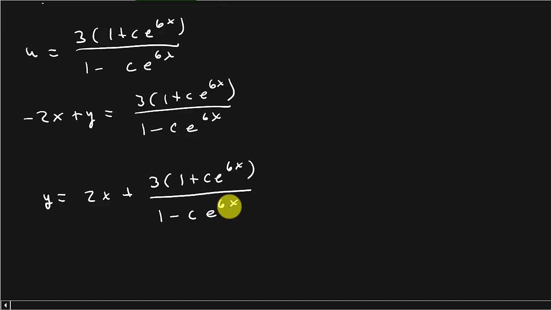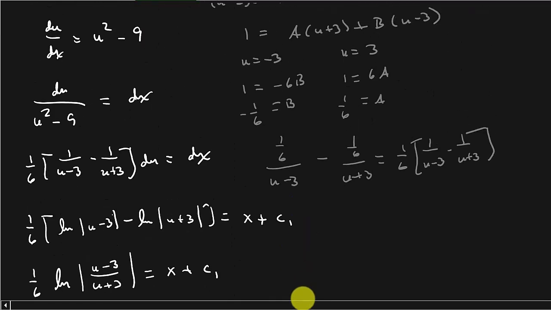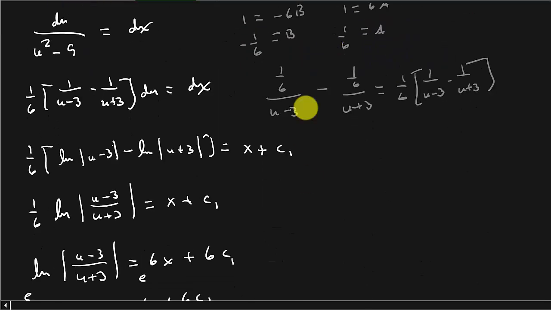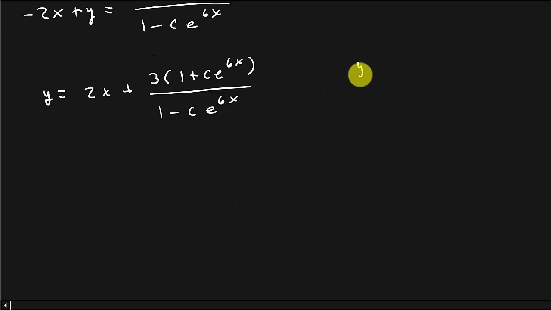But I don't know if you remember this or not, but up here in the problem, we have y of 0 equals 0. So we can solve for c. We're going to use y of 0 equals 0.